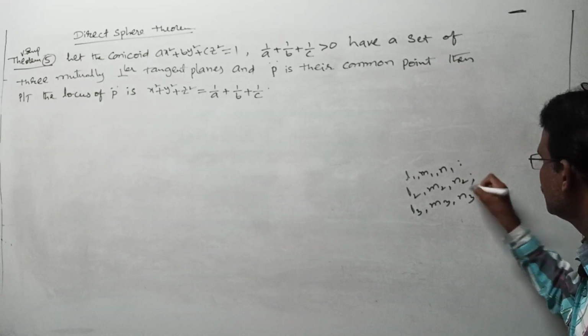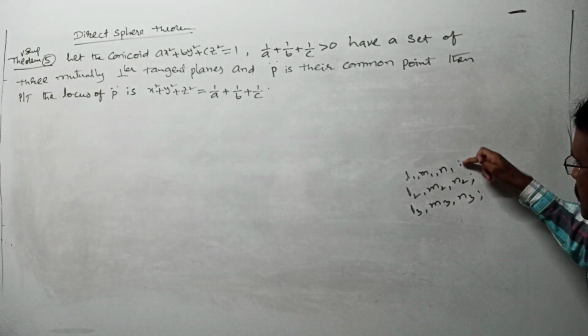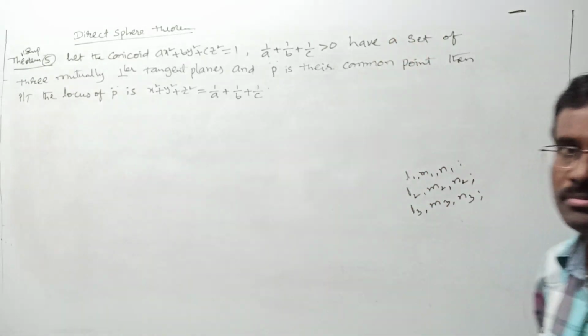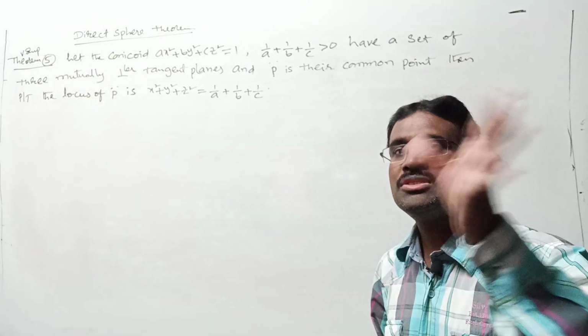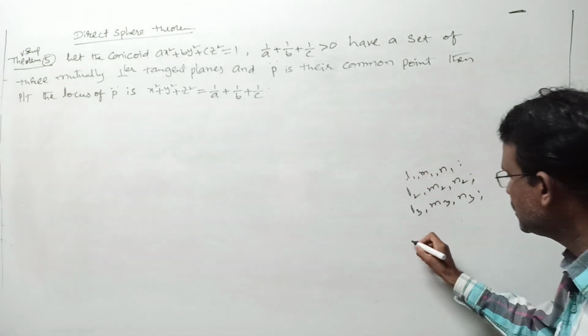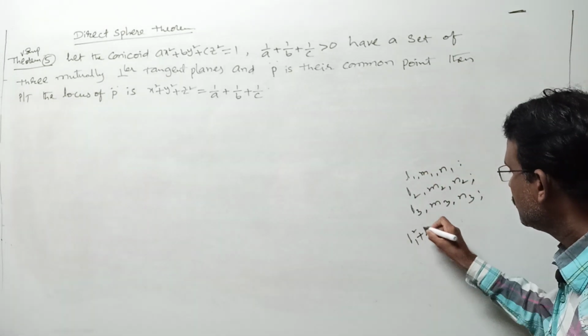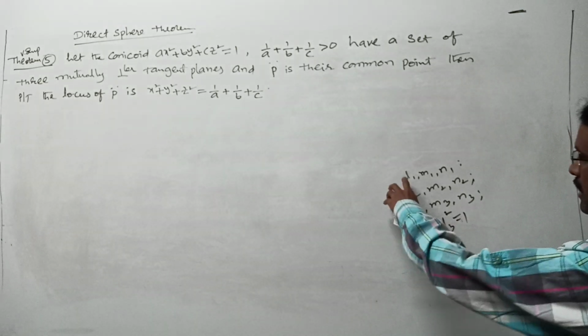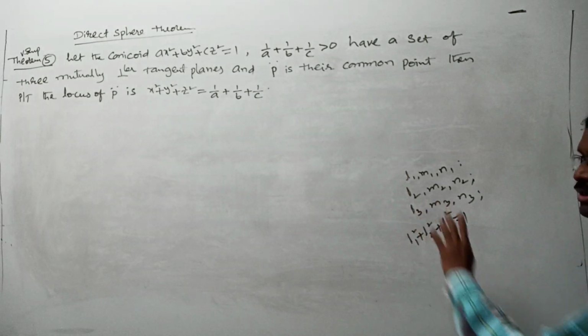In such a case one property is always true: L1 square plus L2 square plus L3 square is equal to 1.